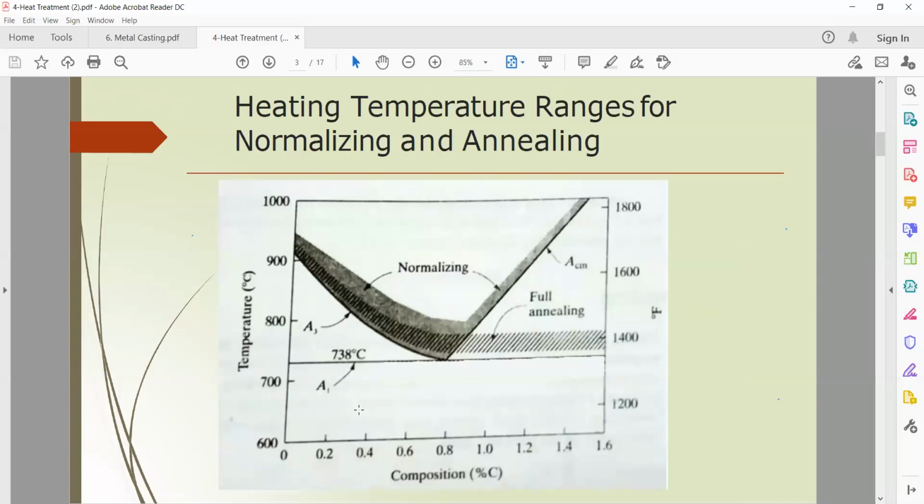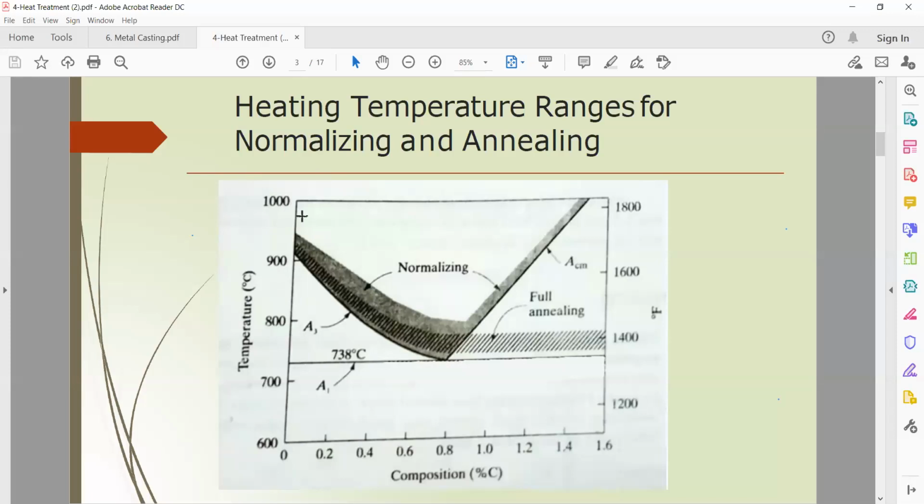This is the normalizing and annealing process temperature range, because we need to get the austenite structure for this heat treatment process. If you want to get the austenite structure, then definitely you have to heat the metal to that specific temperature, right?